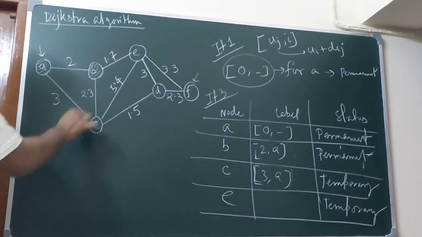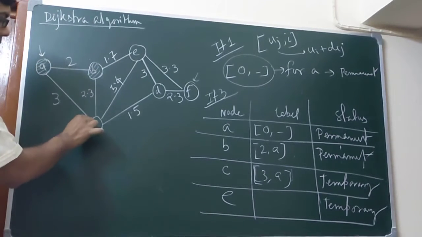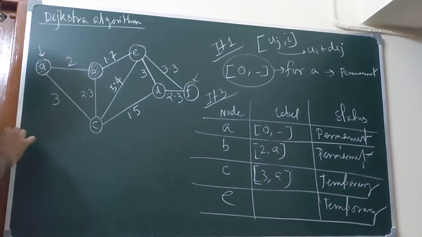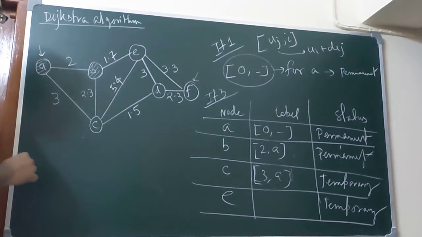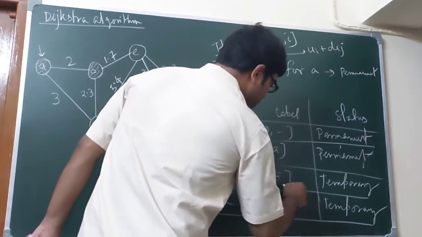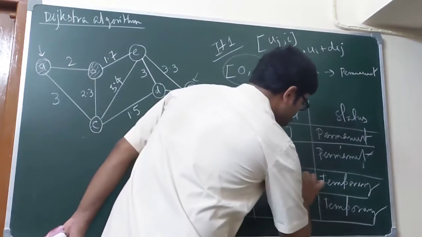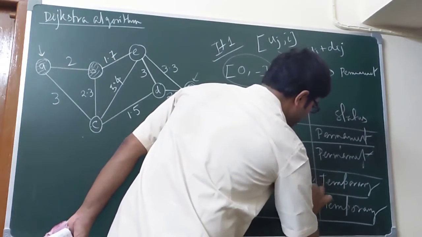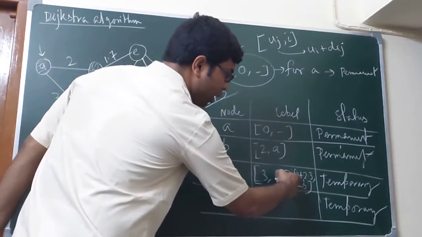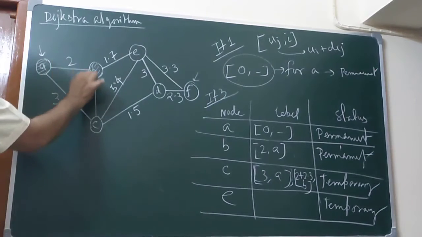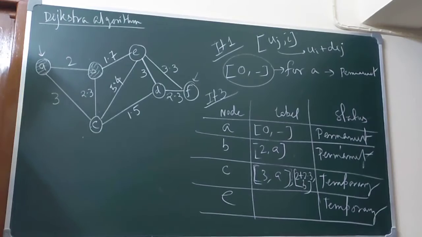Now this C can be reached either directly from A or via B. B is permanent, so we go through B. Then the value will be 2 plus 2.3, comma B. That is, C can be reached via B with the cost 2 plus 2.3. And what will be the value of E?